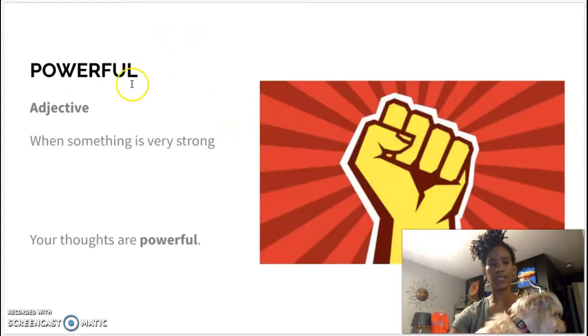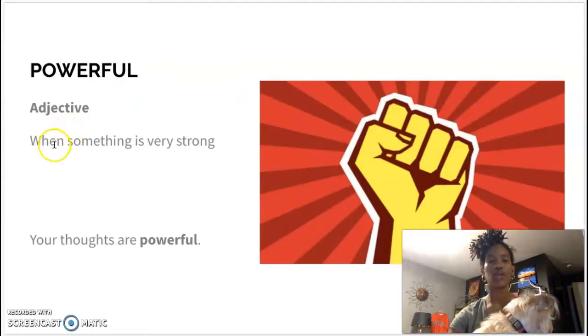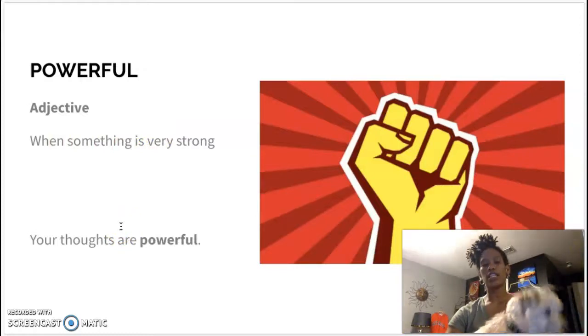Next word, repeat after me. Powerful. Powerful is an adjective. Again, adjectives describe something or someone. When something is powerful, it is very strong, super strong. Like the president is very powerful. The governor is very powerful.